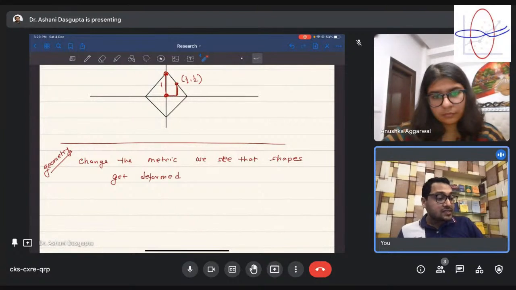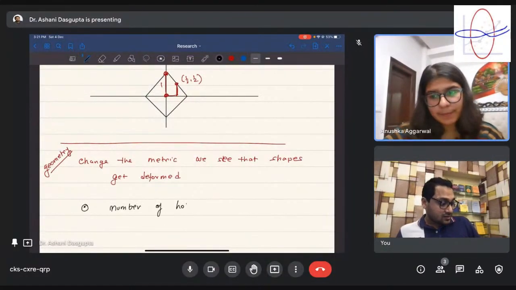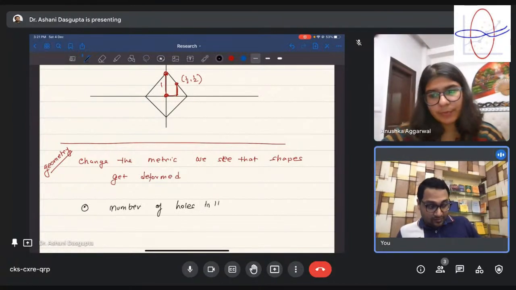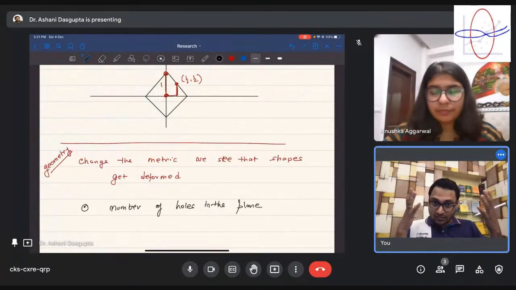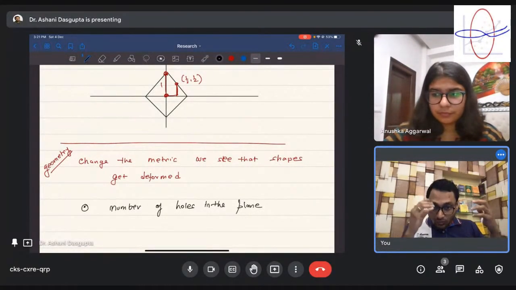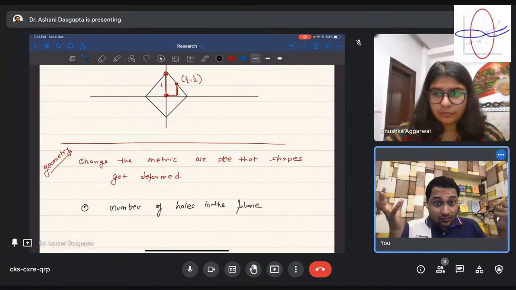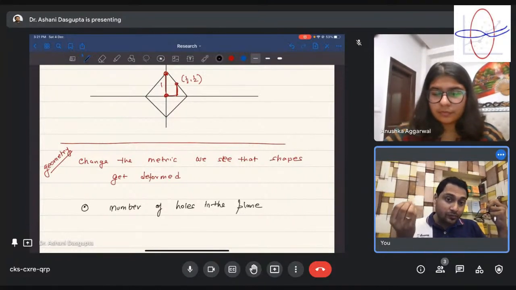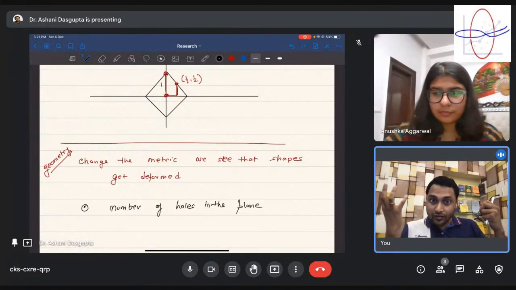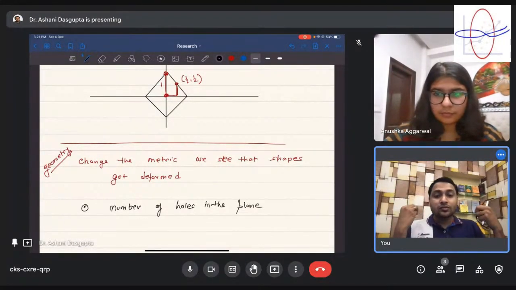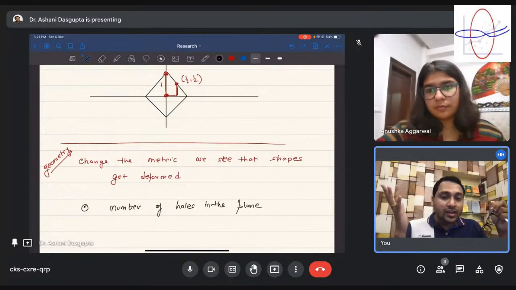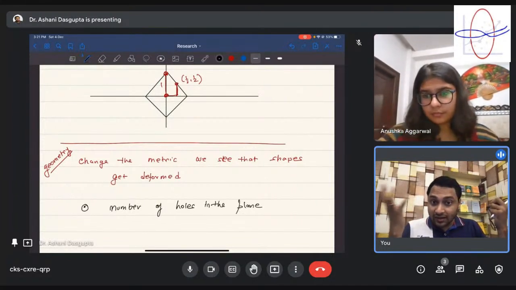And one of the things that does not change, and we have already talked about, is the number of holes in the plane. So if you start with a plane, R2, with no points removed, you will continue to have a plane no matter how you change R2, how you change the underlying metric.